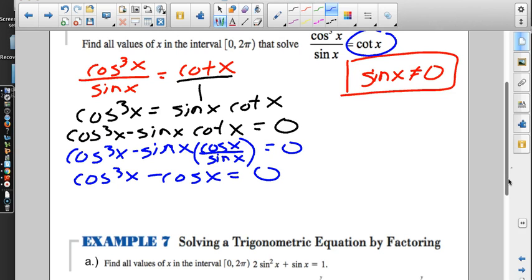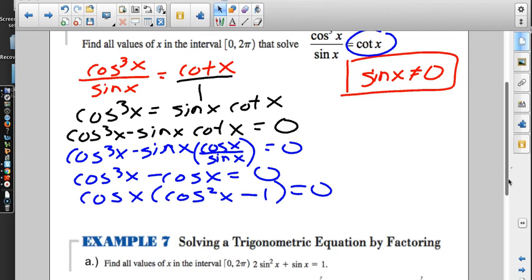Now can we factor? Take the cosine of x out of there. Cosine squared x minus 1. That sounds a lot like something we had, a Pythagorean identity. Cosine squared x minus 1. You hear people flipping back.